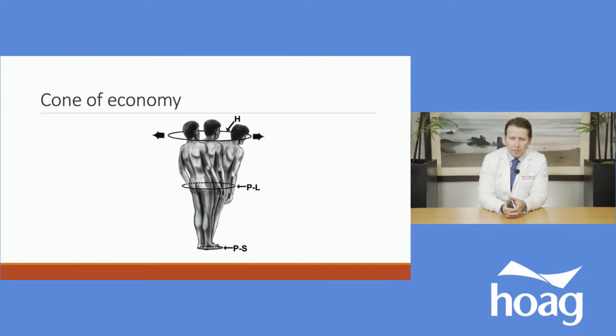And this alignment stems from this illustration, which is called the cone of economy, and was developed by a French deformity surgeon, Jean Dubousset. Essentially it dictates that if the head is positioned over the pelvis, this is the most ergonomic structure that one can achieve. If the head deviates forward or backward over the pelvis, there's a cascade of events that happens which leads to pain.